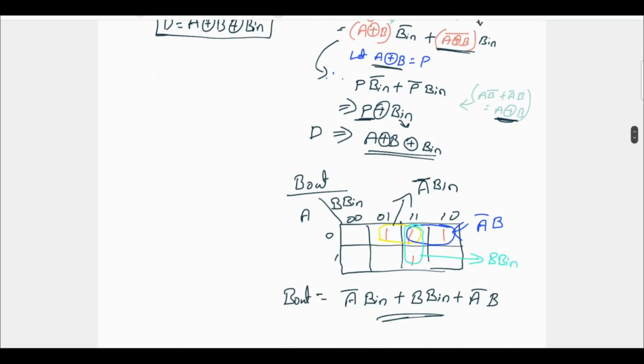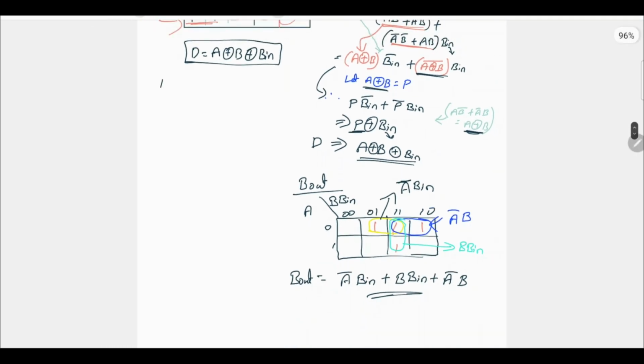So we got B out is equal to A bar B plus A bar B in plus B in. Let me check, is there any mistake?